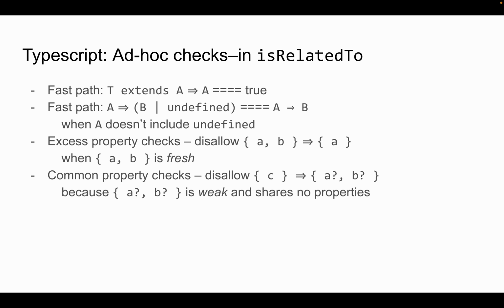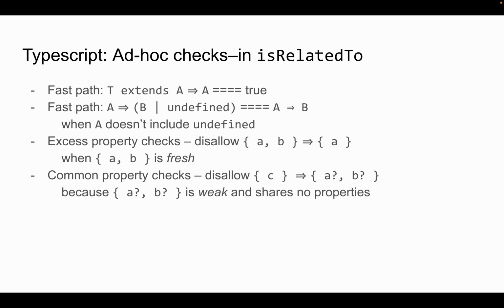We also do excess property checks and common property checks there. Excess property checks disallow A, B being assigned to A. And I know in the previous video we actually looked at AB being assigned to A, and that's fine as long as AB is not fresh. Fresh here basically means it was just written in an object literal.